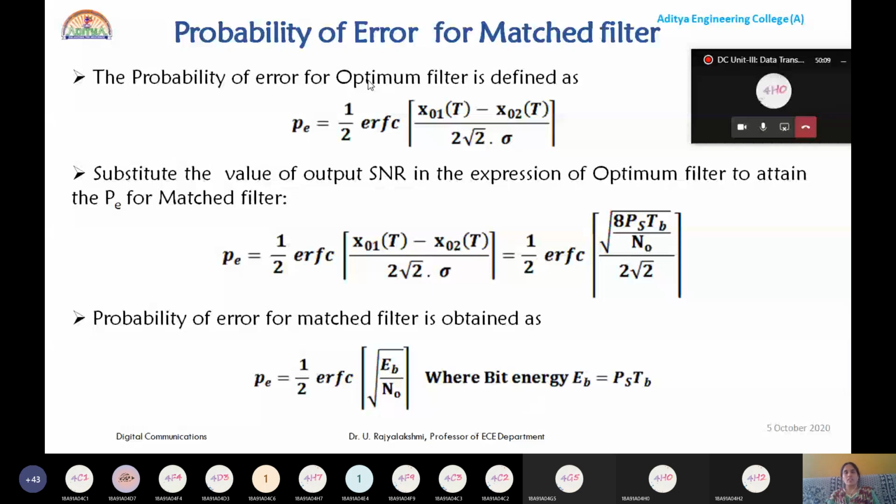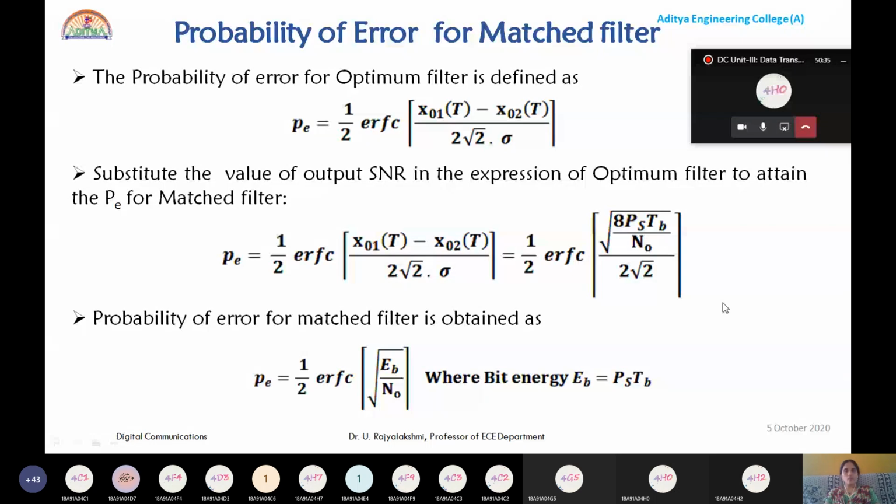And then after calculation, we applied root of rho max and we substituted x01 of t minus x02 of t divided by sigma as root rho max, and the leftover term is 2 root 2. So the 2 root 2 and the numerator root 8 both get cancelled and you will get root EB by N naught.